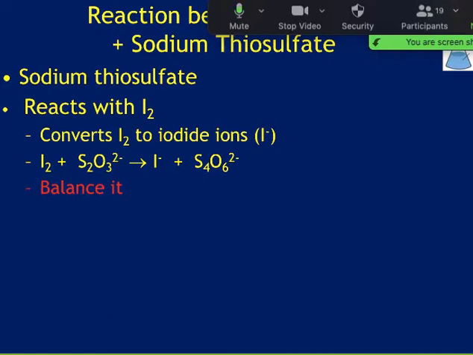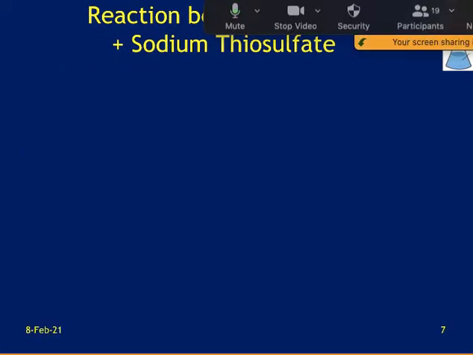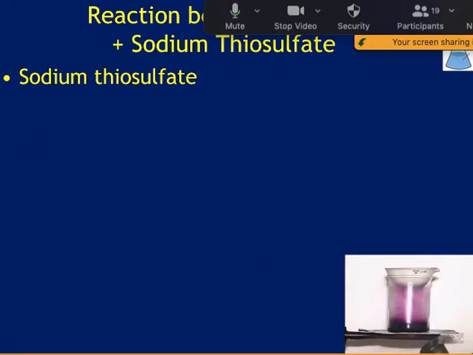So this one is as simple as balancing your iodines and putting a 2 across here. So if it's a really good day and she gives this titration, this will be the only equation that will be there, and it'll be very straightforward in terms of its maths and all of the different bits.